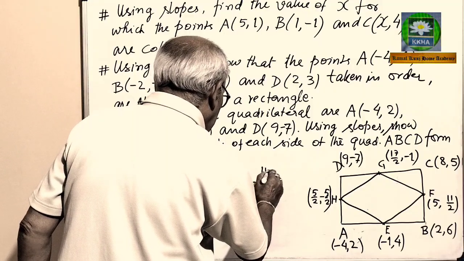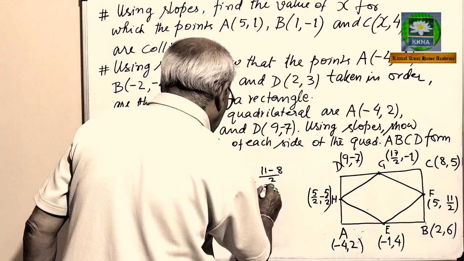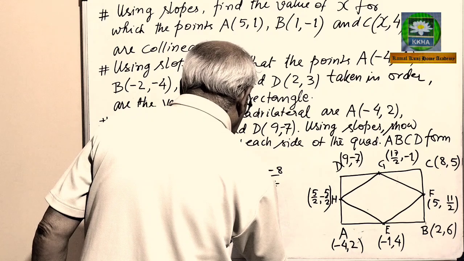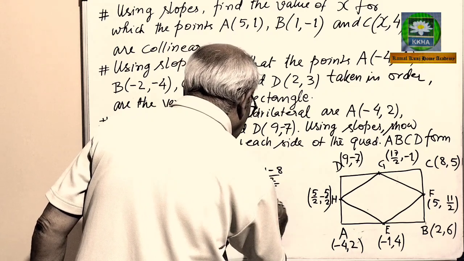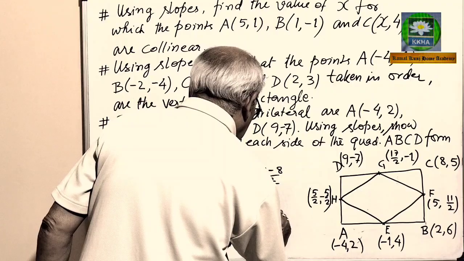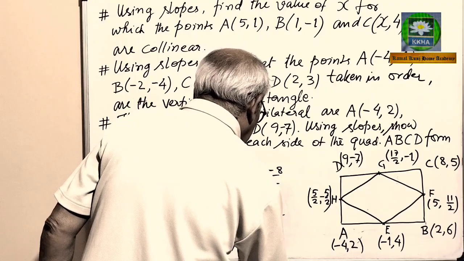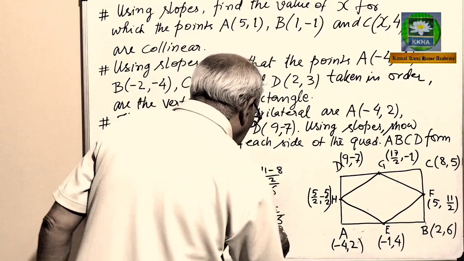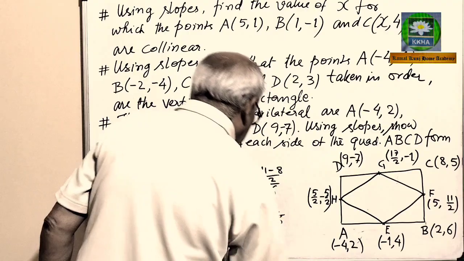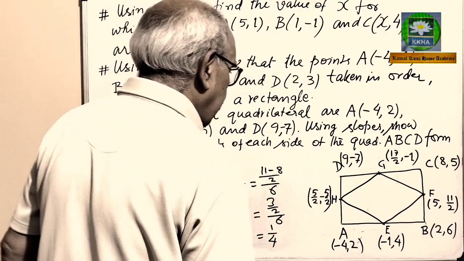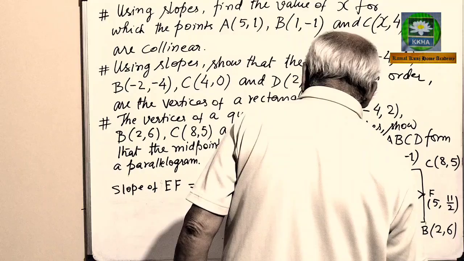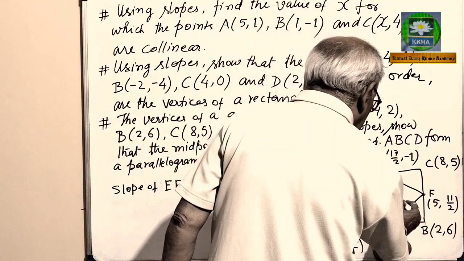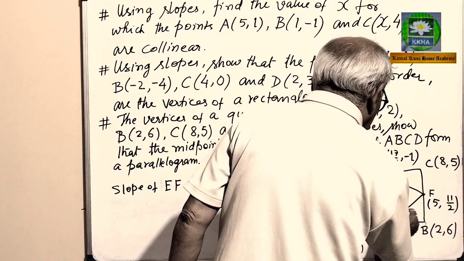Equal to (11 minus 8)/2 over 6, which is 3/2 over 6, equal to 1/4. So slope of EF will be 1/4.